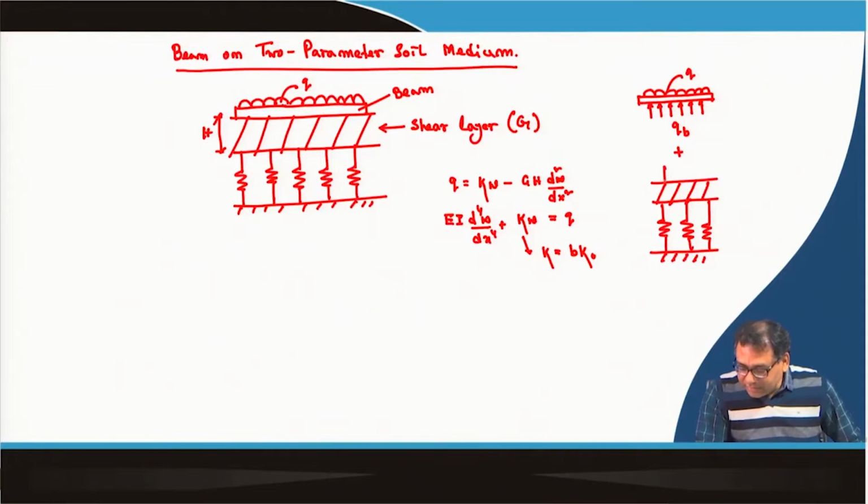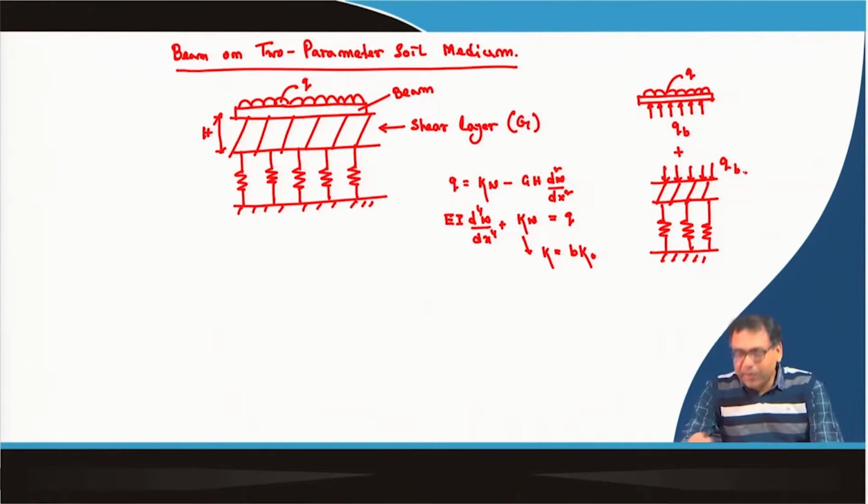So this reaction will act over the two parameter model. So this is QB. Now I have separated the model, that means only the two parameter model and the beam with the reaction.